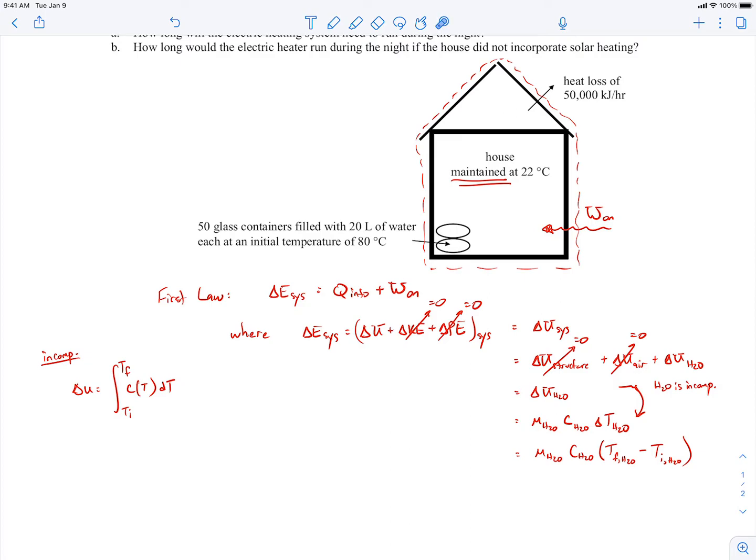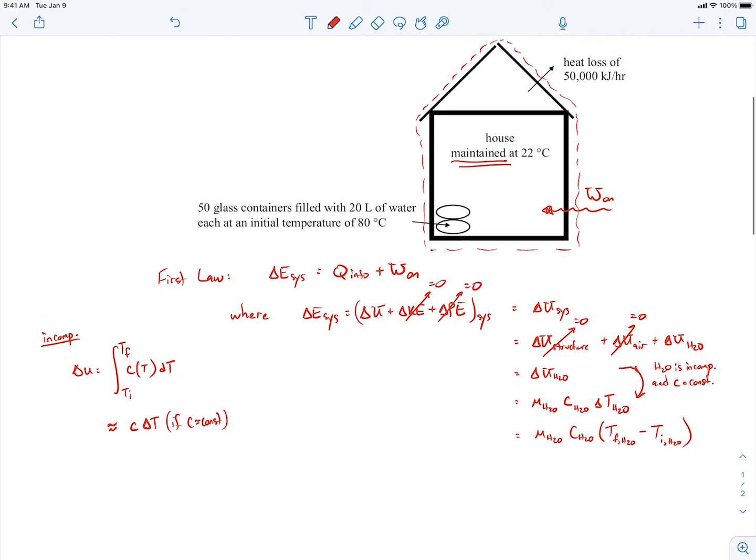If we assume the water is incompressible and the change in temperature is relatively small, then we can say that the specific heat really doesn't vary much with temperature. And so I'm going to leave it as a constant and then write this as about equal to C times delta T if C is a constant. Right? And so that's what I've done in going from there to there. So I assume that water is incompressible and C is a constant.